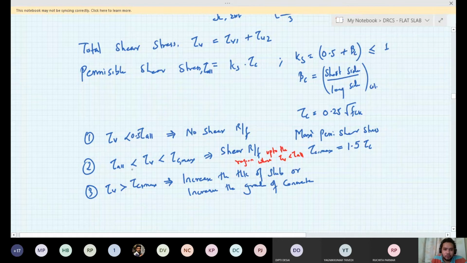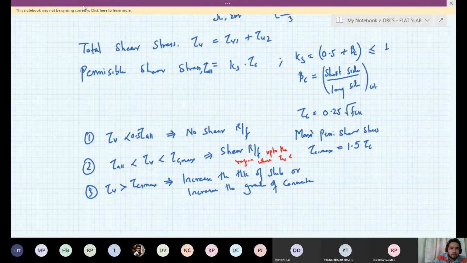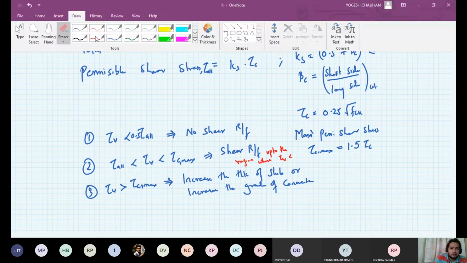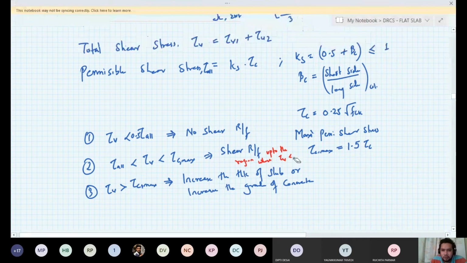And if the tau v is between tau allowable to tau c max, then shear reinforcement needs to be provided up to the value where tau v is less than 0.5 tau allowable.